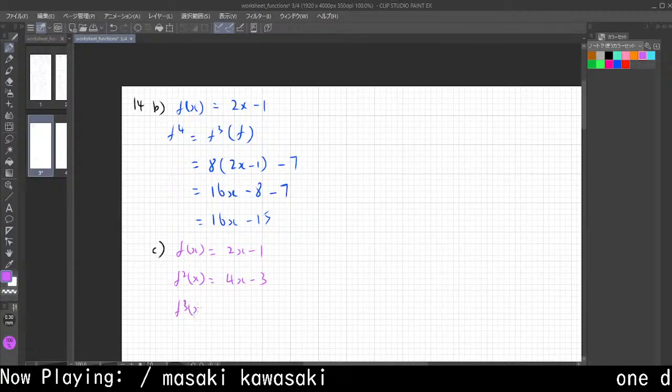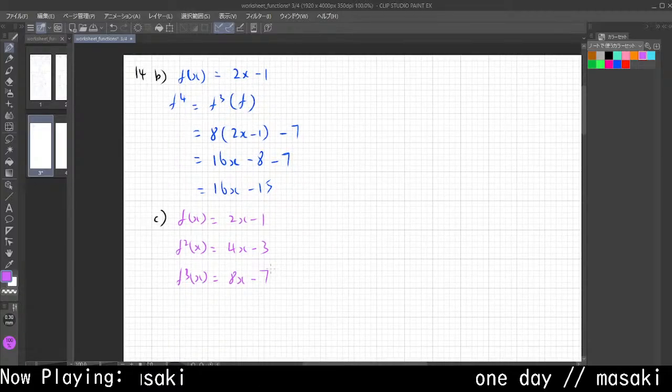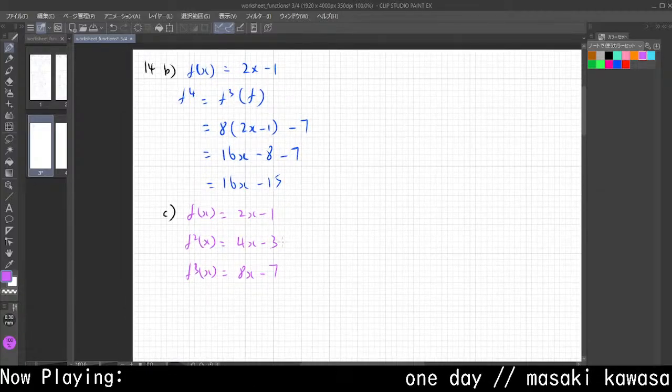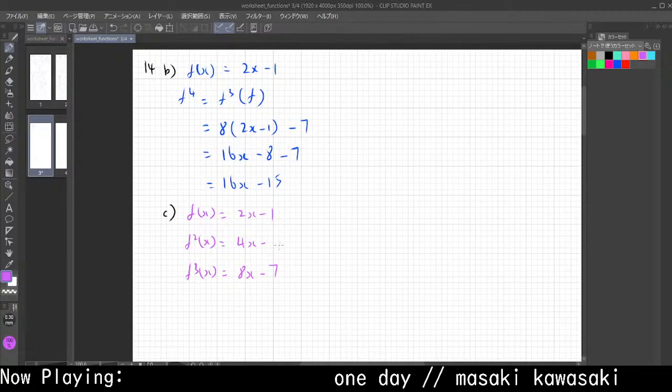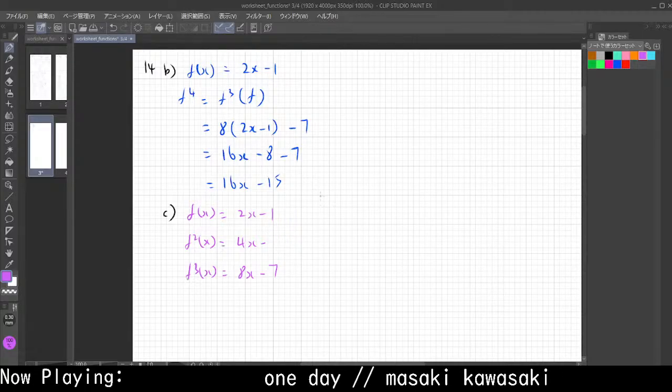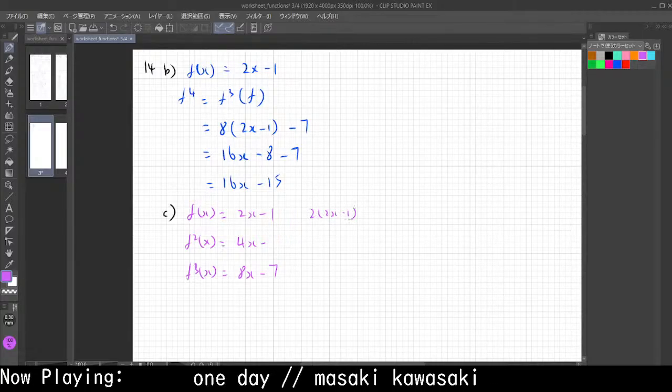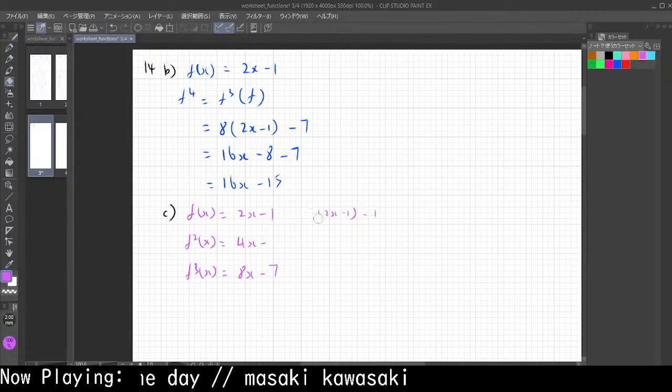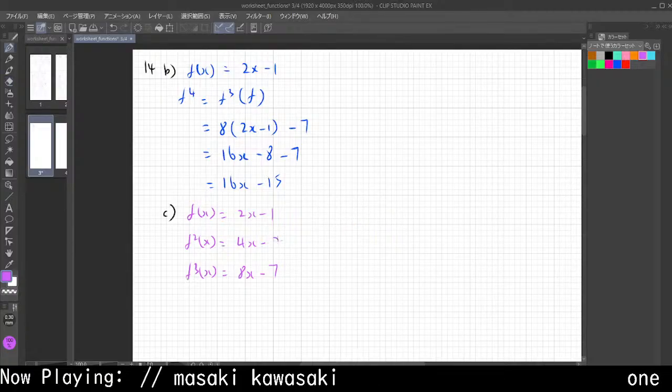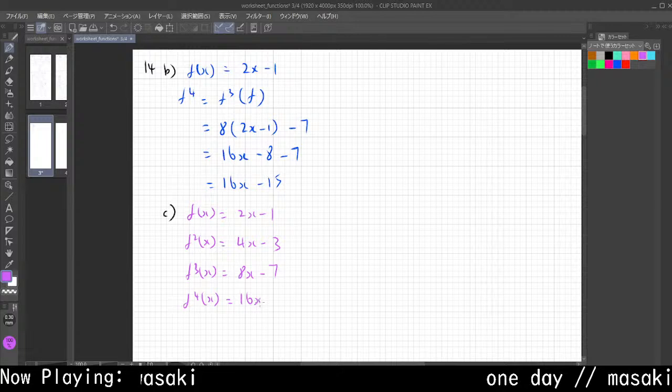Your f3 is 8x minus 7. Okay, this is correct. Yeah, 4x minus 3. Then your f4 is 16x minus 15.